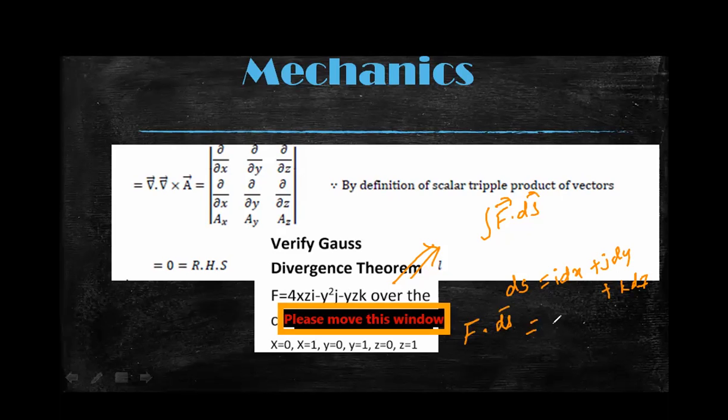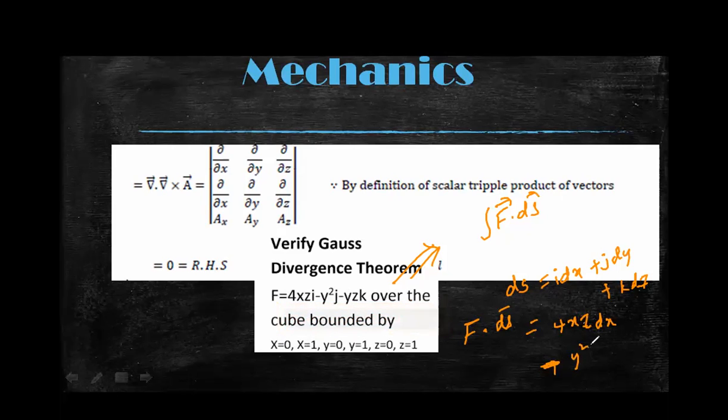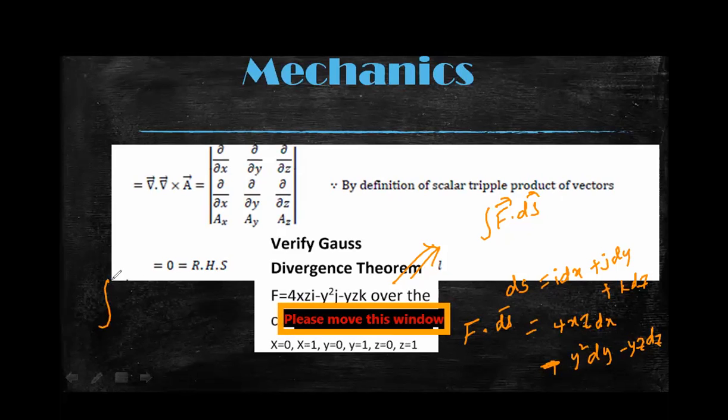That is going to be 4xz dx, plus minus y square dy minus yz dz. Then you apply the double integral.